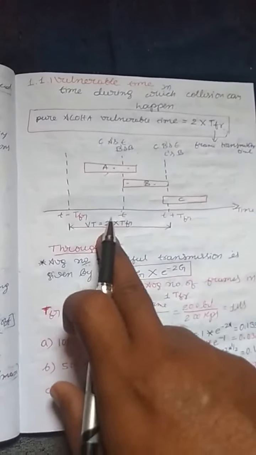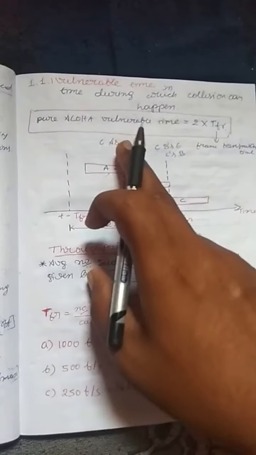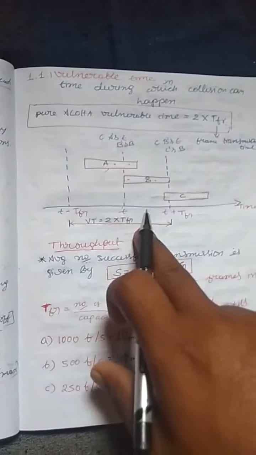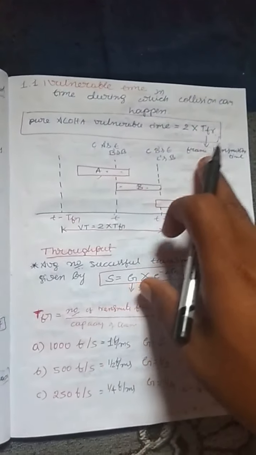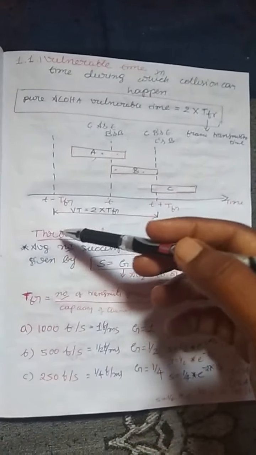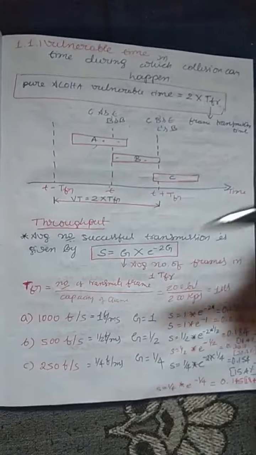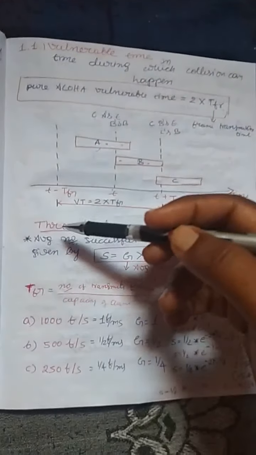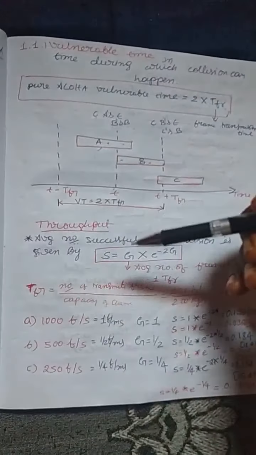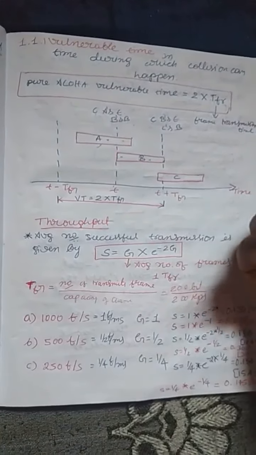This is the formula for the pure Aloha vulnerable time, which is equal to 2 into TFR, frame transmission time. Okay, next, throughput. The average number of successful transmissions is called throughput.